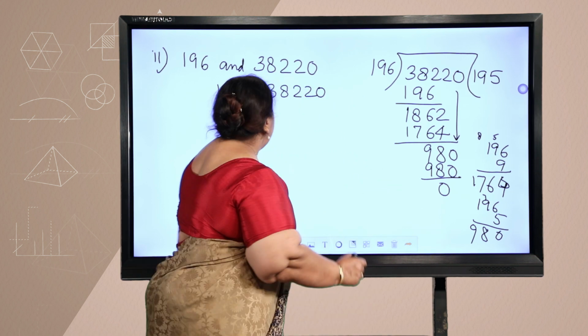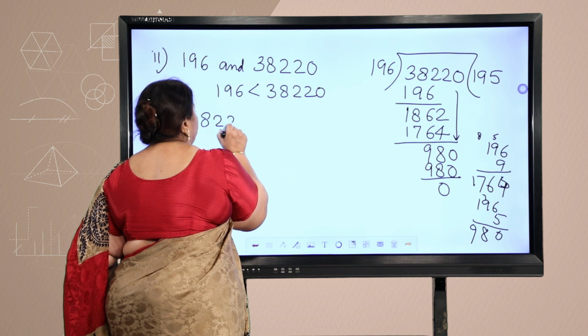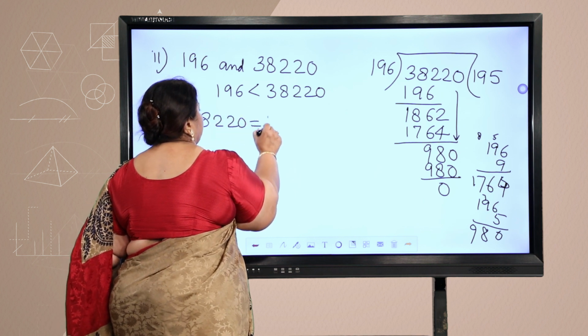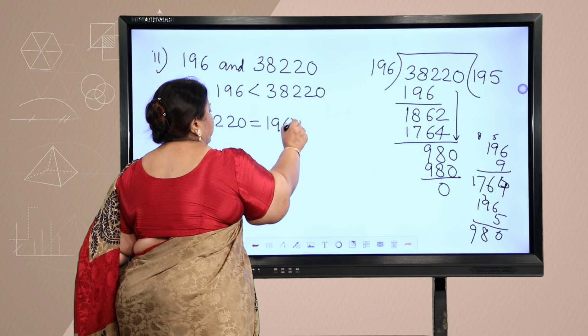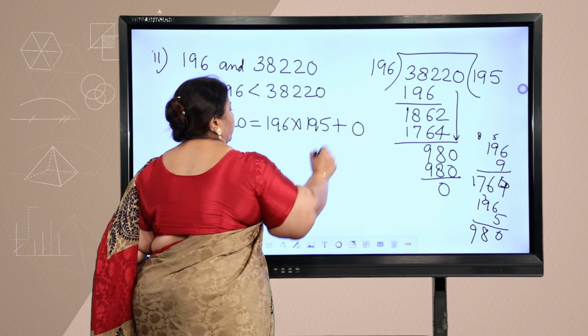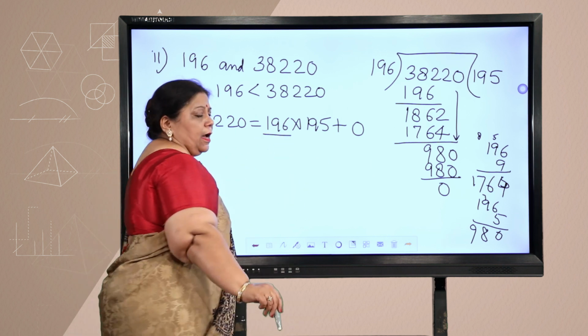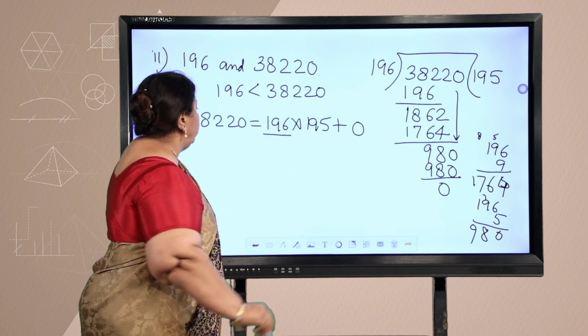In this case, I can express 38,220 as 196 into 195 plus 0. The divisor at this step is the highest common factor of these two numbers.